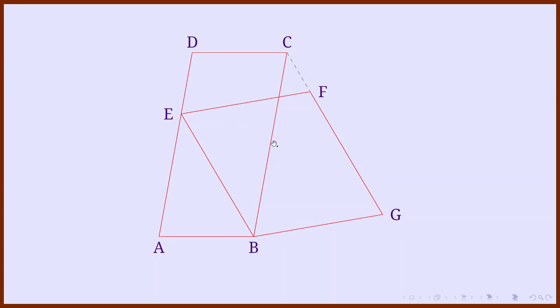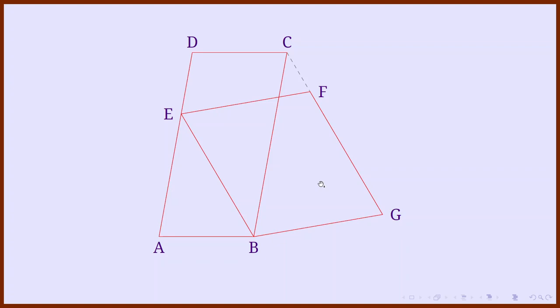We have to show that ABCD and BEFG have the same area, even though apparently their shapes are quite different.